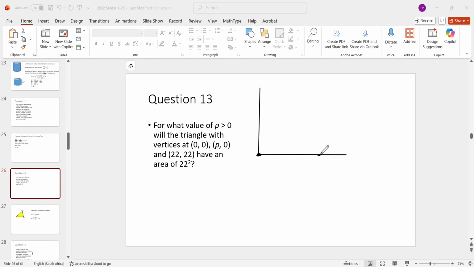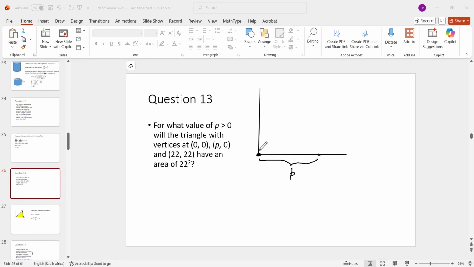So there's a point here, (p, 0). (p, 0) means that this length here is p. Let's put it down straight away. Right, it's along the x-axis.